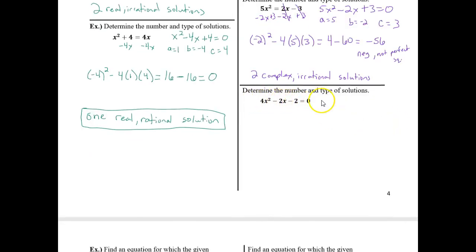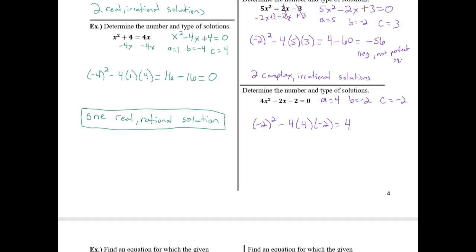Lastly, this problem is already in standard form. We identify a as 4, b is negative 2, and c is negative 2. We fill it in. B squared minus 4 times A times C. Negative 2 times negative 2 is positive 4.